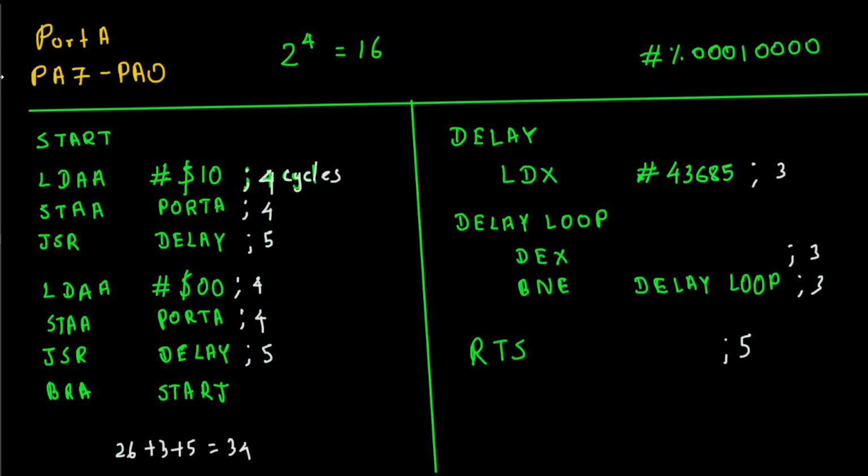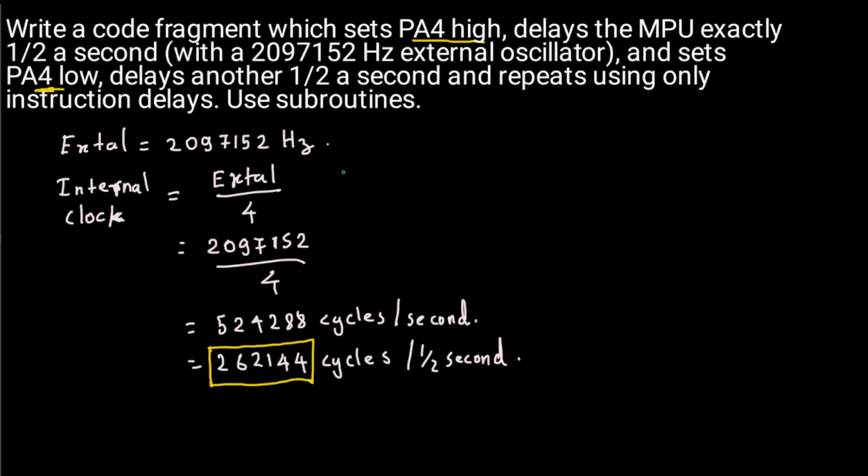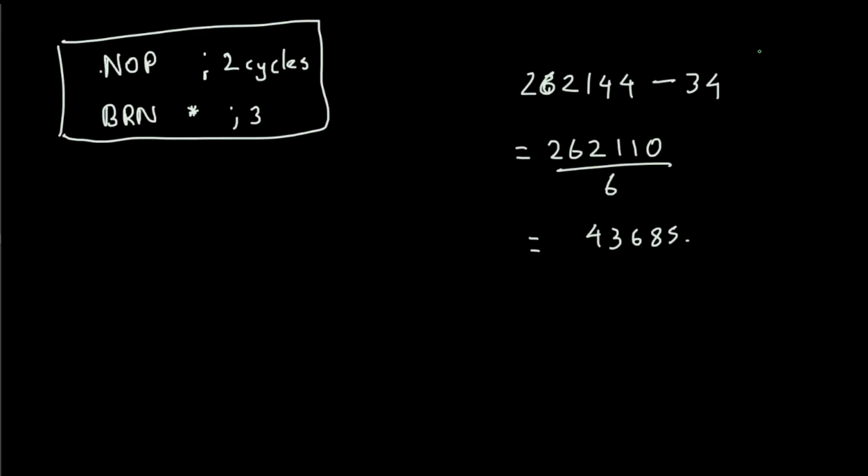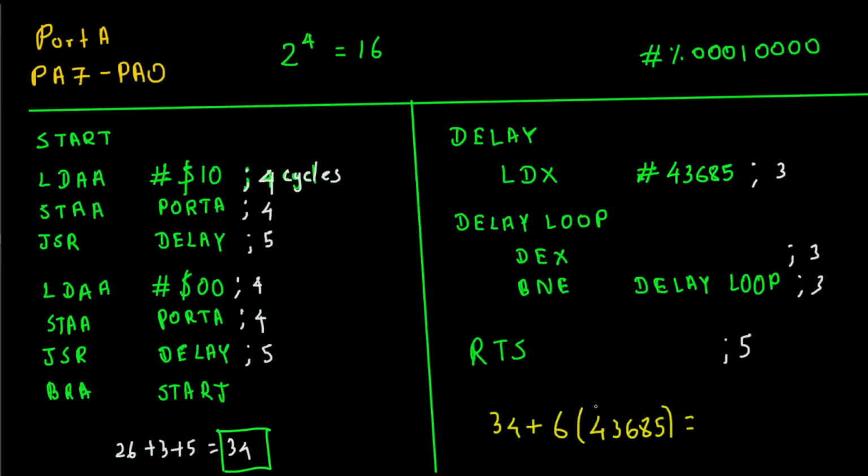Okay, so now we have this, and if you calculate this one, you should get this one back. We already calculated the ones that just occur once, so that is 34, plus 6, that is these two, and that one happened this many times, 43,685. Let's go ahead and put it in the calculator and see if I'm getting it.